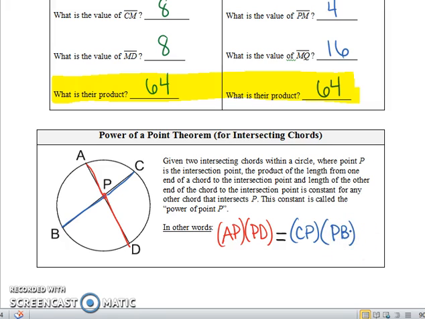This always happens in a circle when two chords or two segments intersect within that circle.